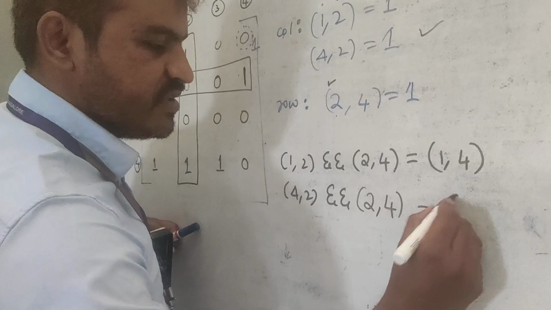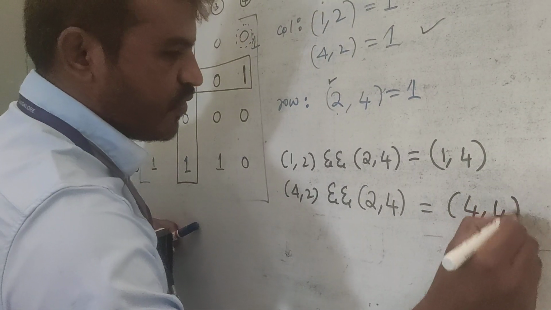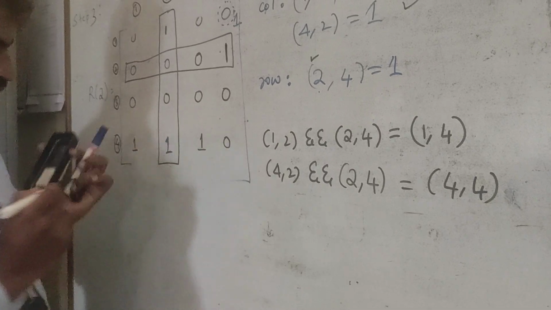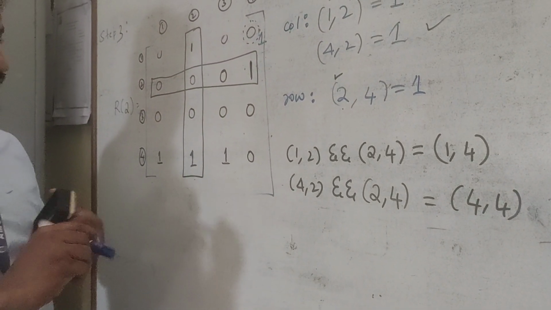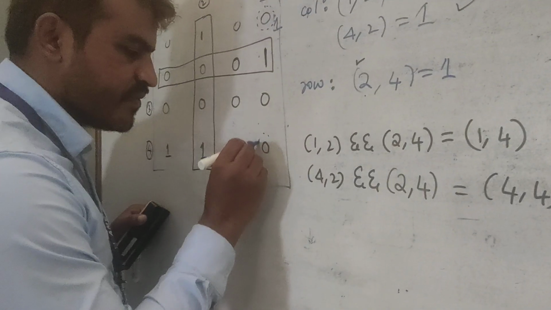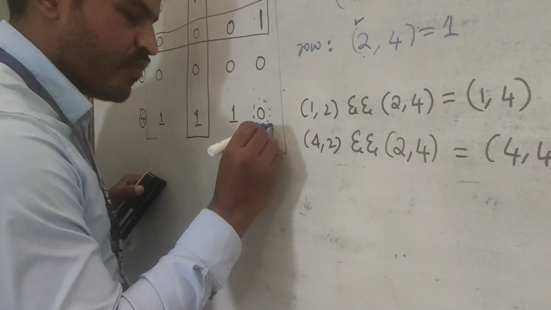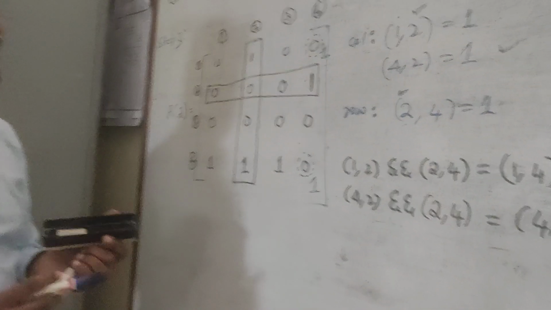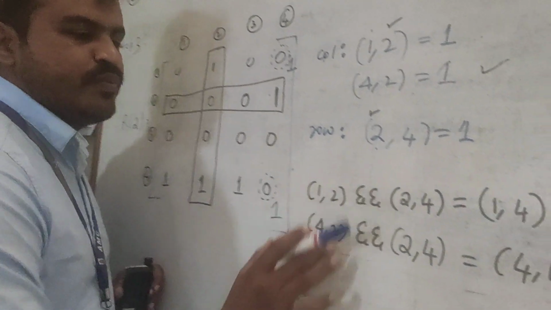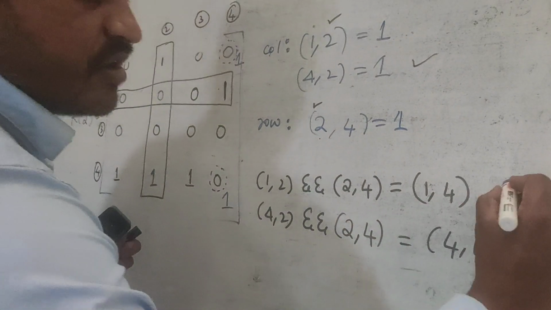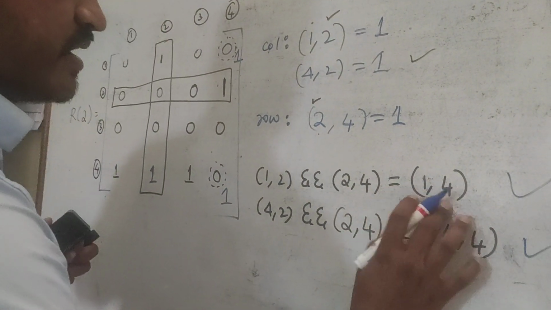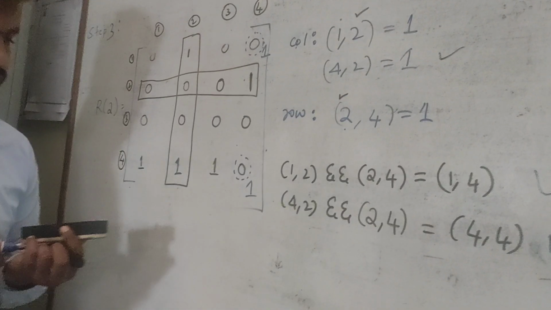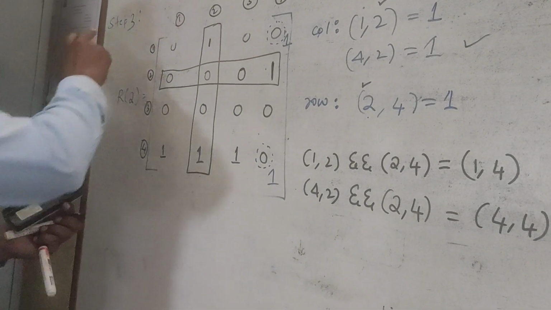Then there is a path existing 4 comma 4. Where do we get 4 comma 4? Here. Make 4 comma 4 to 1. Earlier 0, replace that with 1. Okay, there are only two possible combinations. You have to make a combination like this and mark 1 comma 4 and 4 comma 4. If 0 is there, make it 1. That is step 3.